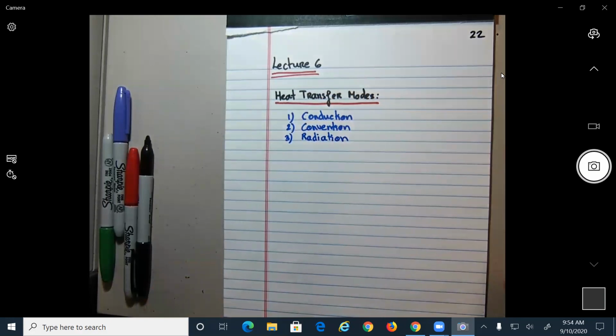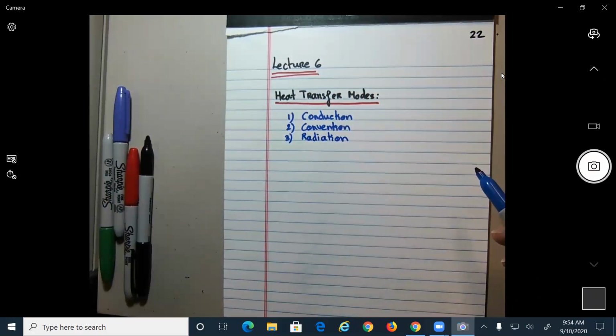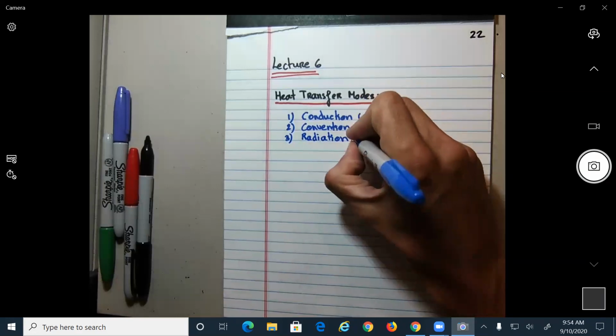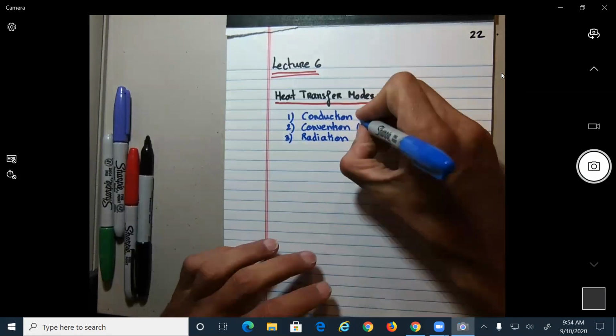Okay? So these are the words used to define the different heat transfer modes. But what I like to say, which I think makes more sense, is that conduction is the heat transfer mode that defines when heat goes within a solid medium.